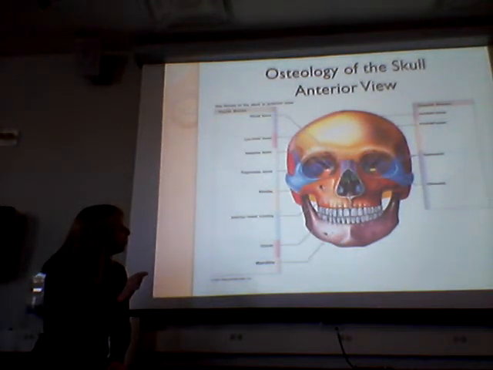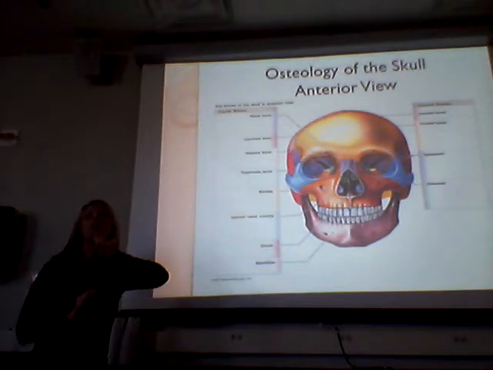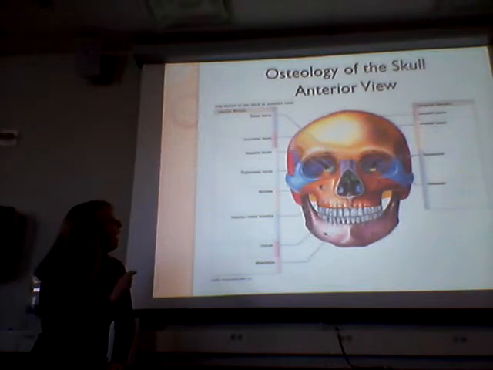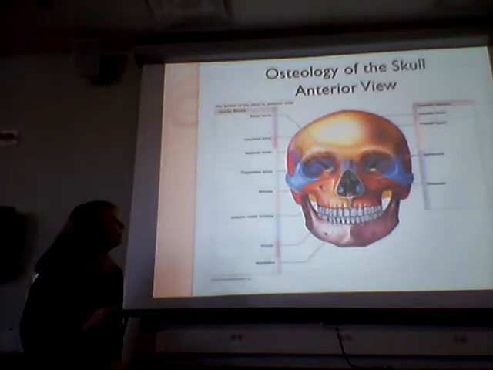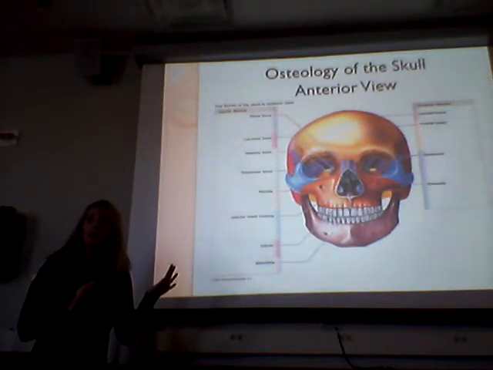And here you can see a little bit of the palatine bone, but I like to think of the palatine bone as back, the hard palate. And then we've got the nasal bone here. One thing I want you to think about in greater detail is the lacrimal bone in the middle, followed by the ethmoid, and then the sphenoid is more out towards the lateral area. Okay. Anybody know what's wrong with this picture?